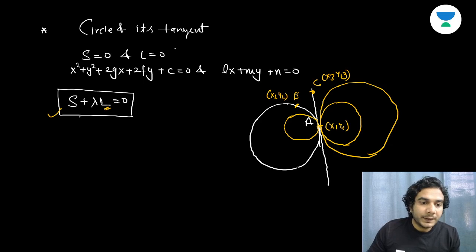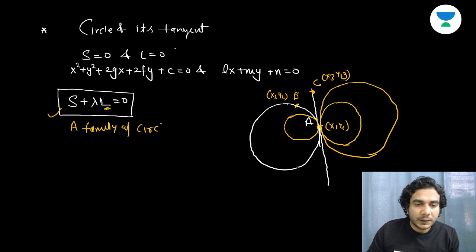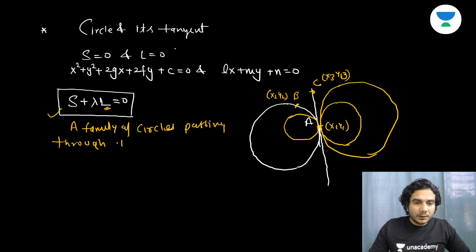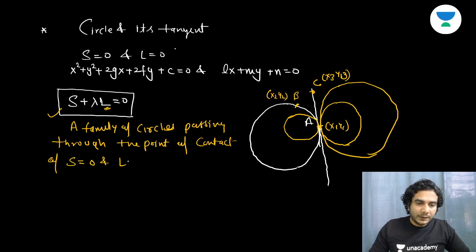So this represents a family of circles passing through the point of contact of S = 0 and L = 0 for all real values of λ.